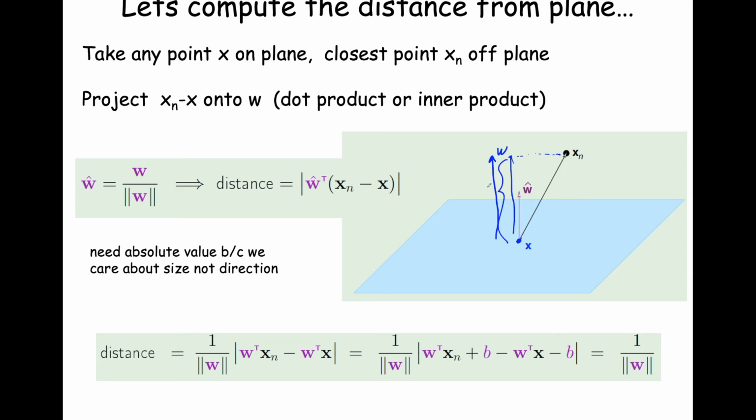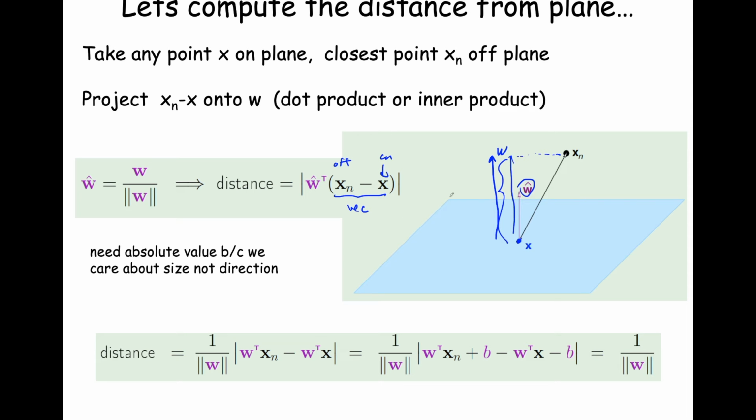And so what are we going to do? Well, if we want to project xn onto w, we can just take the unit vector in the direction of w, transpose, that inner product between that unit vector in the direction of w and that vector. So here's the vector that starts on the plane and goes off the plane.